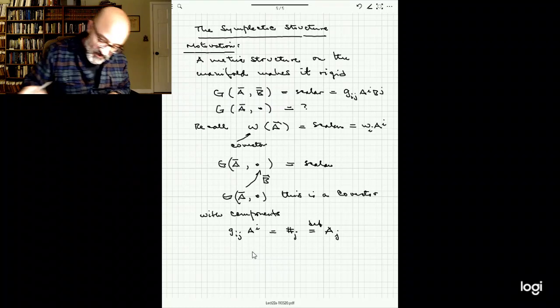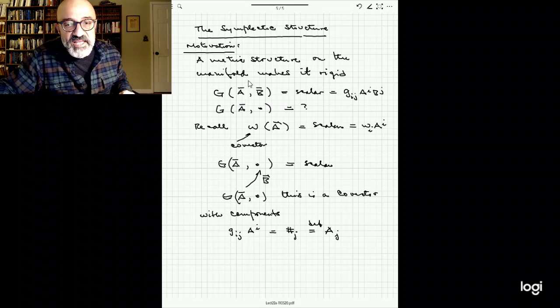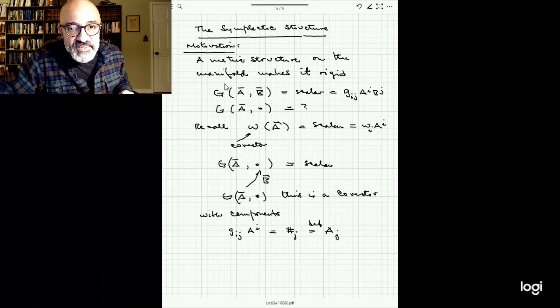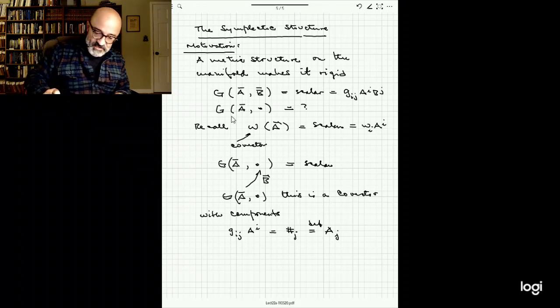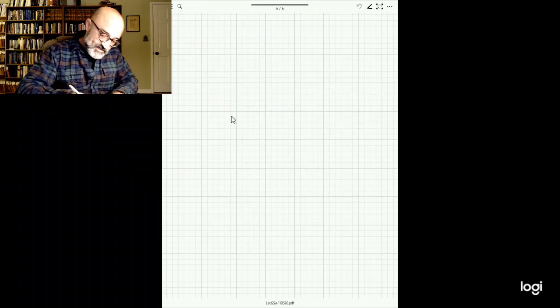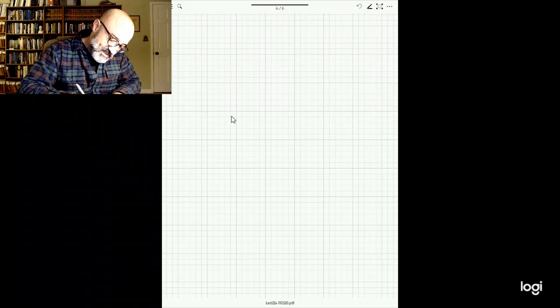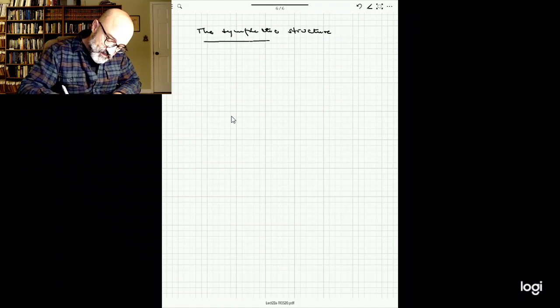Where I'm going with all of this is that there is another kind of natural object that we can invent associated to the manifold that also provides structure. So here, the symplectic structure. And the idea is the following.